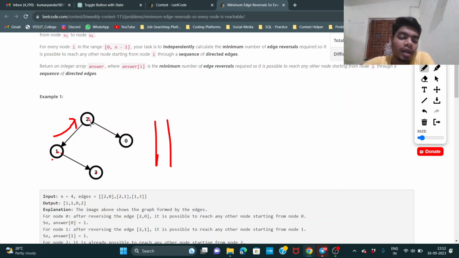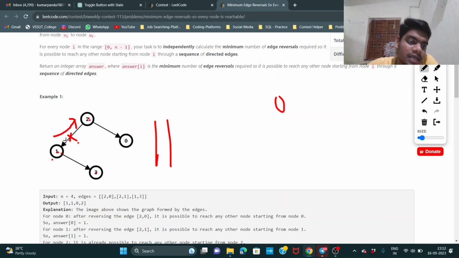If I am trying to find the answer for 2, then for 2 the answer is 0. From 2 I can reach 1. Why can I reach it? Because the directed edge goes towards 1. If the edge were directed the other way, then to reach 1 from 2, I would have to reverse this edge.